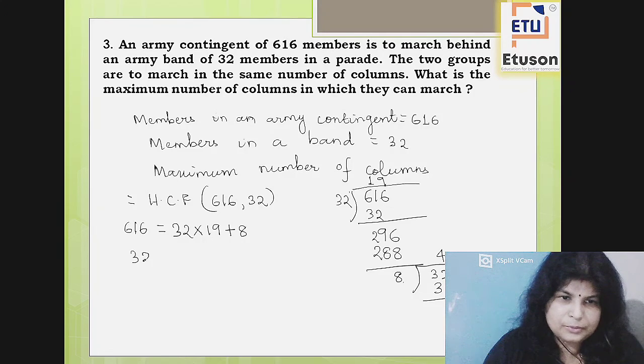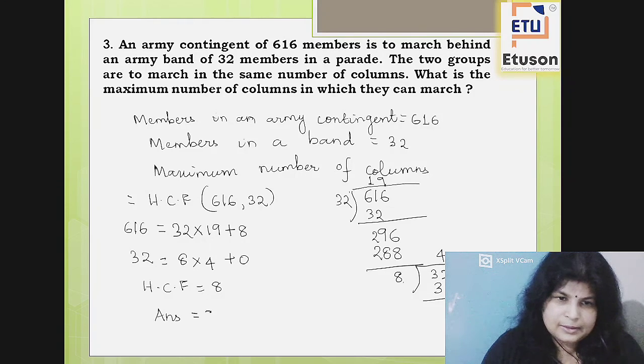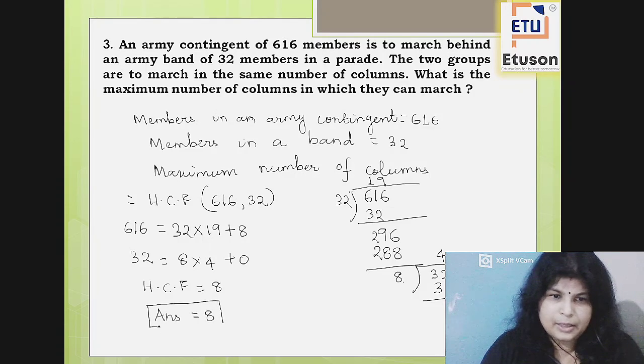So 32 is equal to 8 into 4 plus 0. So what is the HCF? HCF is equal to 8. So your answer is 8. So the maximum number of columns they can march in is equal to 8.